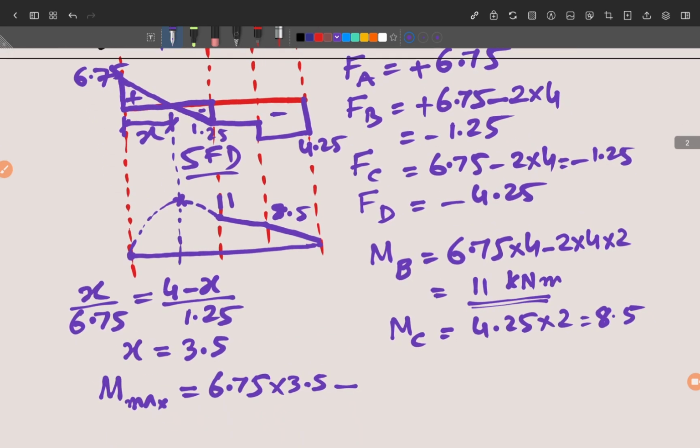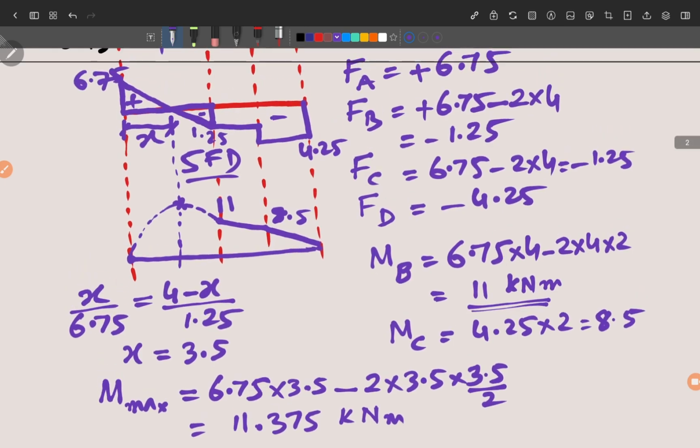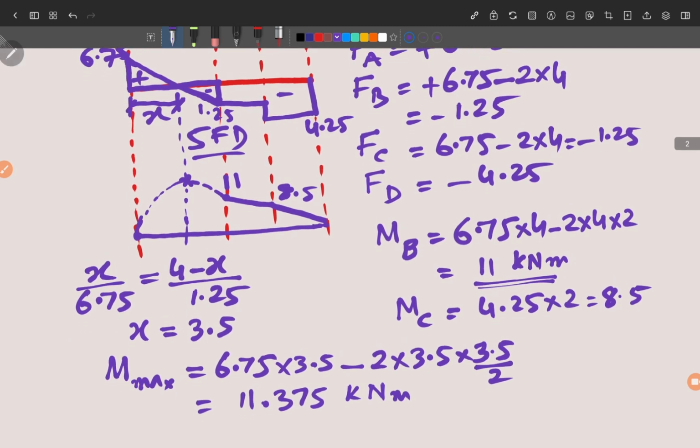So for a length of 3.5 meters, 2 into 3.5 into half of 3.5. Okay, and when we calculate this value, we get 11.375 kilonewton meter. So this way we have got the value of maximum bending moment, 11.375. You can complete now.